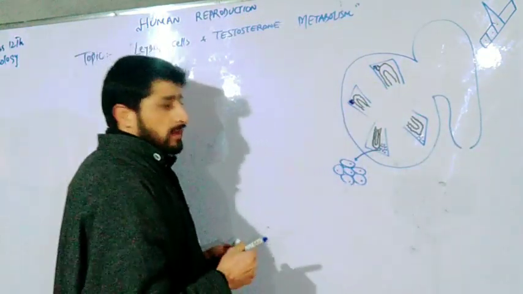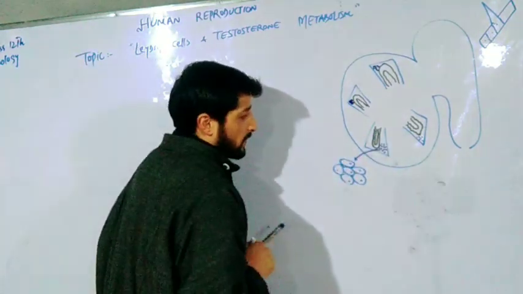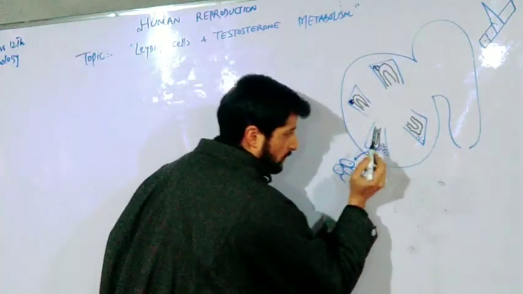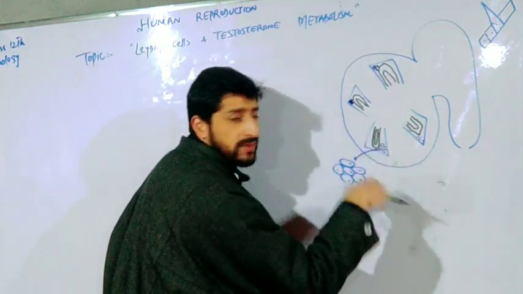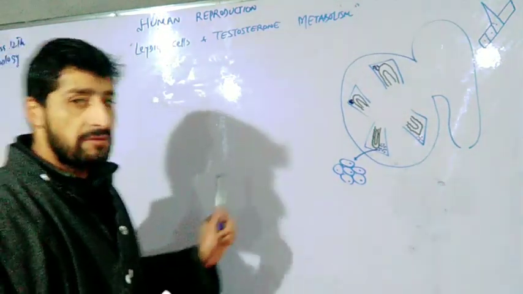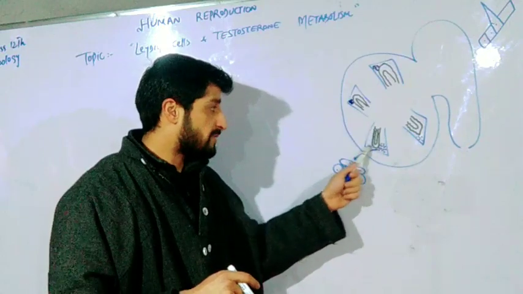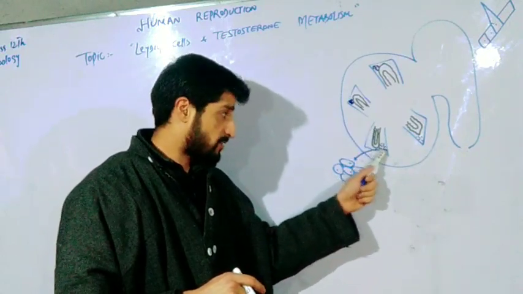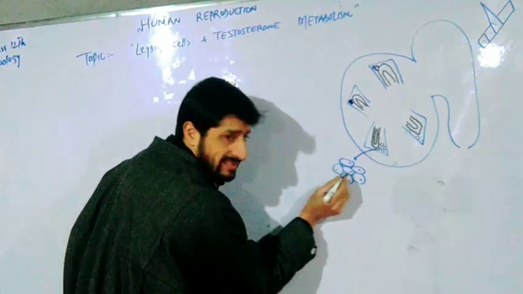Now, till now we have studied that in each testicular lobule there are seminiferous tubules. Along the seminiferous tubules there is connective tissue, which is rich in blood capillaries and neurons. Simultaneously, we have already taught you that along with the seminiferous tubules there are special clusters of cells.